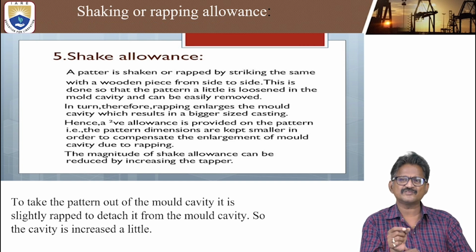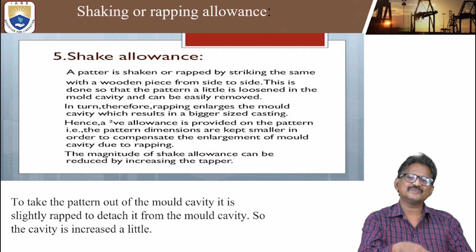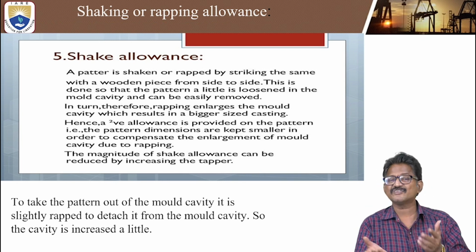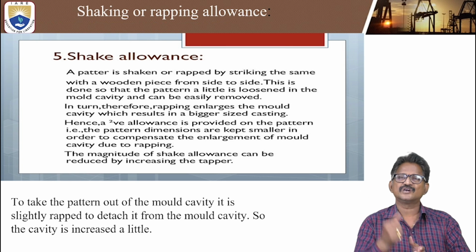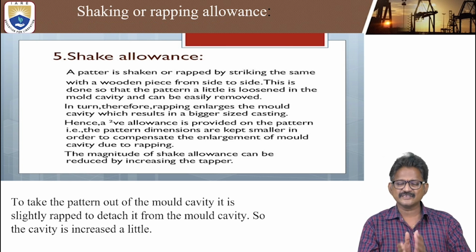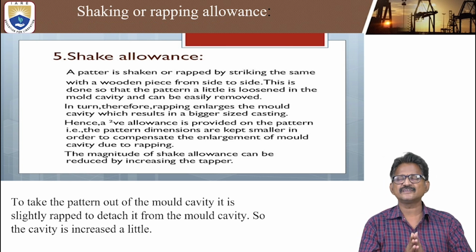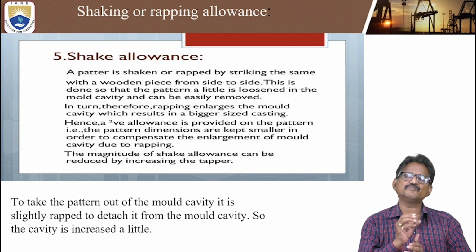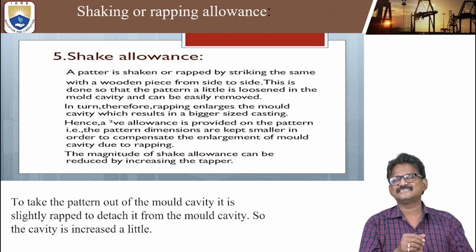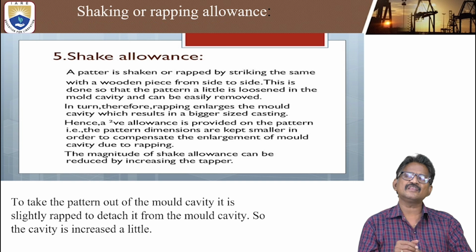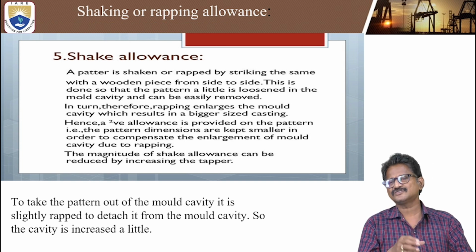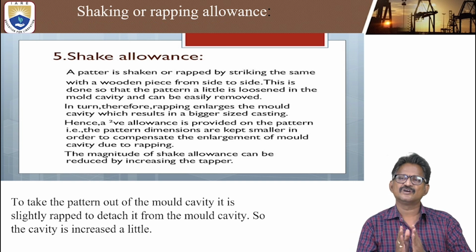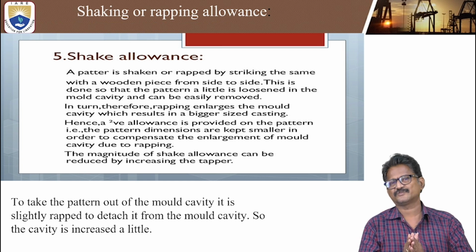With that little amount only, the pattern can be detached easily, otherwise it is very difficult to remove the pattern. So these are the five most important allowances which are very important while designing a pattern and applying allowances to get a good, sound, undefected component in the metal casting process.